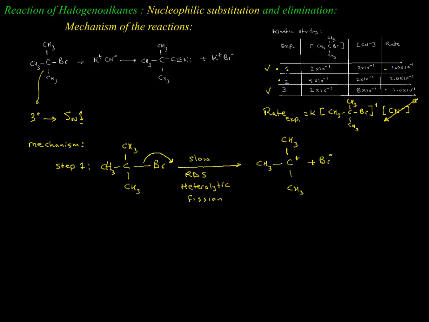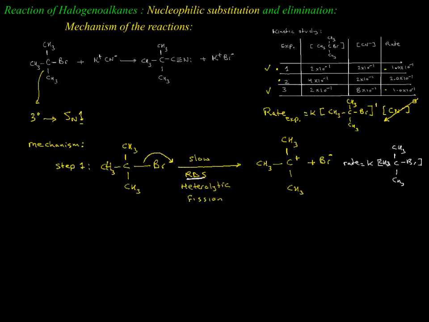And since it's the rate determining step, its rate is k times your haloalkane, which is exactly the same as the experiment. So it's good enough to justify why it's first order with respect to just the haloalkane and independent of cyanide or your nucleophile.